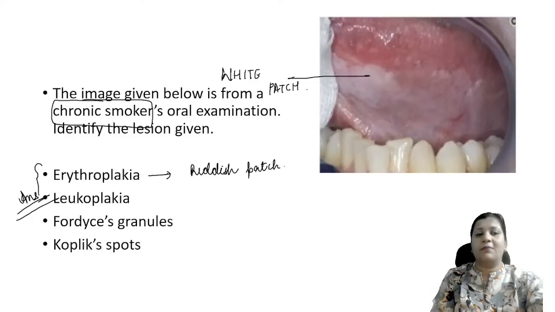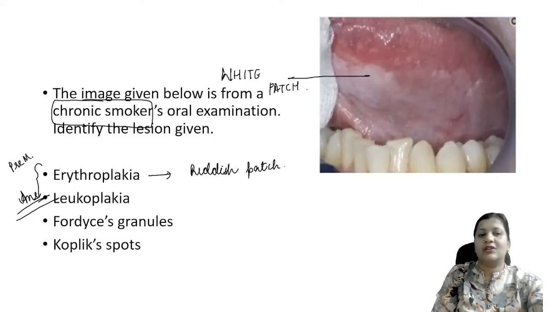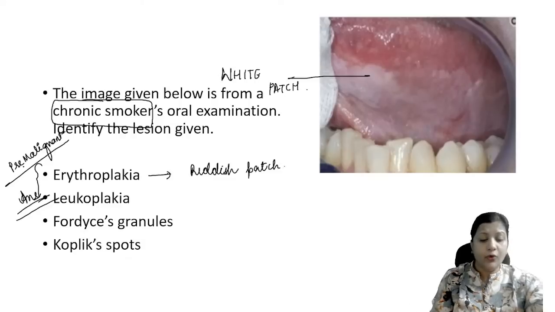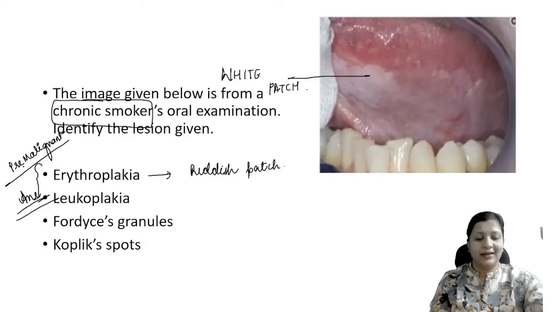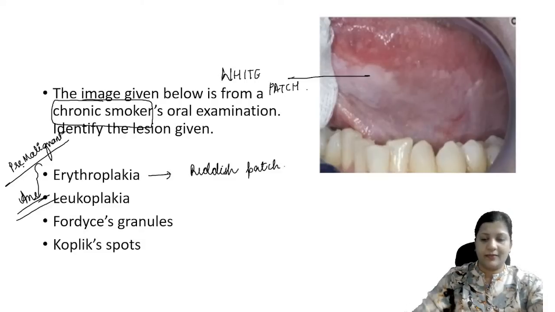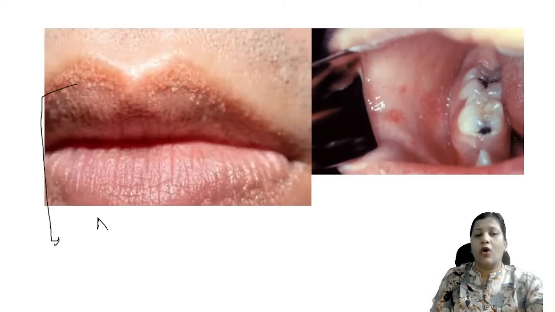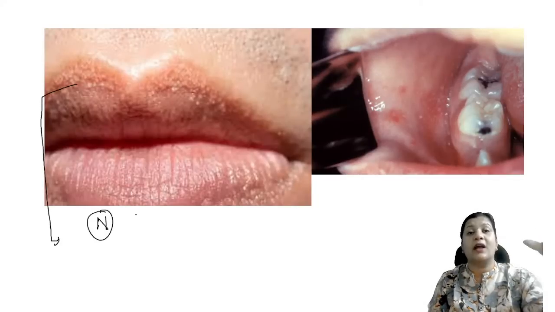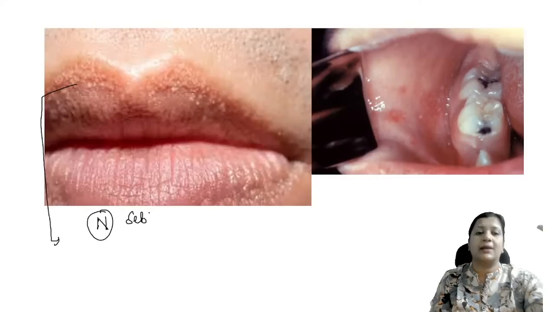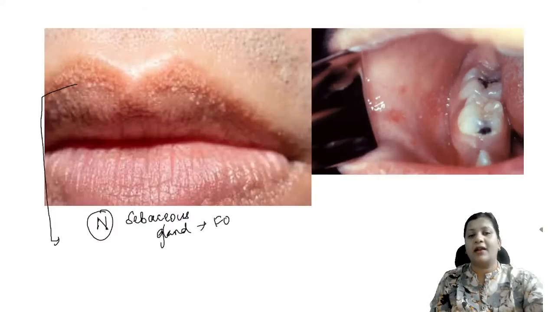Both of them are pre-malignant lesions, whether it is leukoplakia or erythroplakia. Fordyce spots are normal sebaceous glands which become more visible in some individuals. So if you see a picture like this, these are normal sebaceous glands that are very apparent. These are called Fordyce spots.